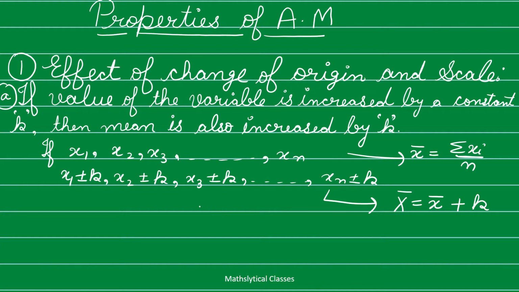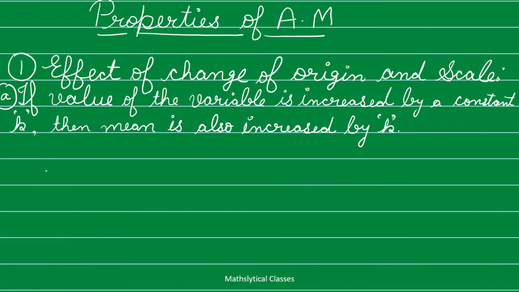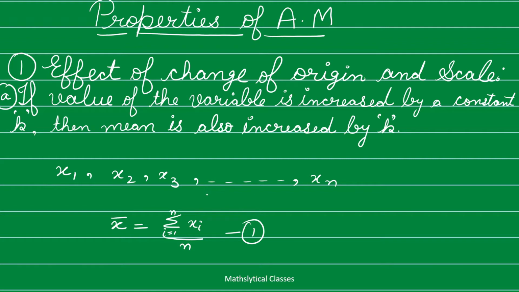We will prove this property. So let's prove it. We consider these observations x1, x2, x3, and so on to xn. The old mean is given by summation i varying from 1 to n xi divided by n, sum of observations upon total number of observations.